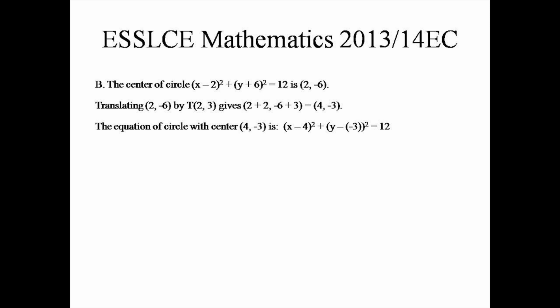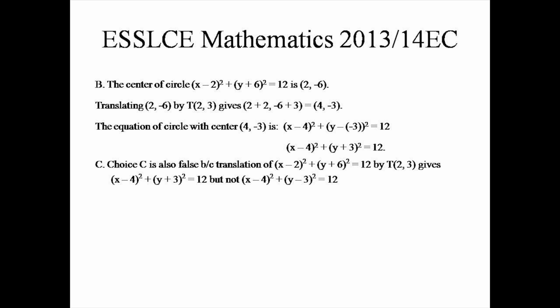The equation of a circle, its center at 4, negative 3 and r squared is equal to 12, is x minus 4 the whole square plus y minus negative 3 the whole square is equal to 12. This implies x minus 4 the whole square plus y plus 3 squared is equal to 12. Choice B is also false.